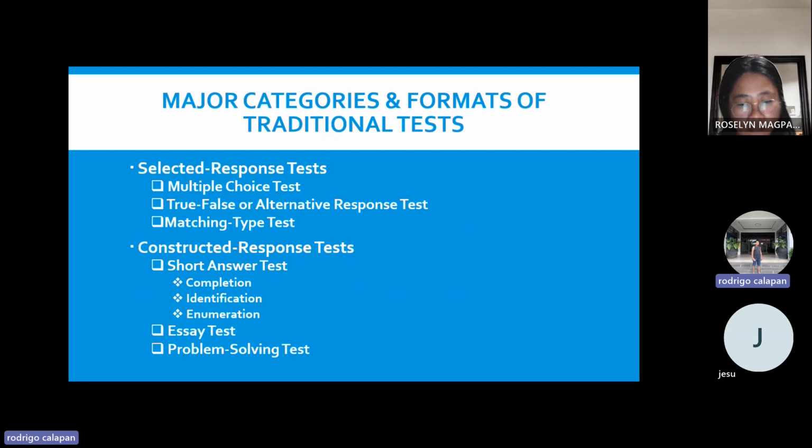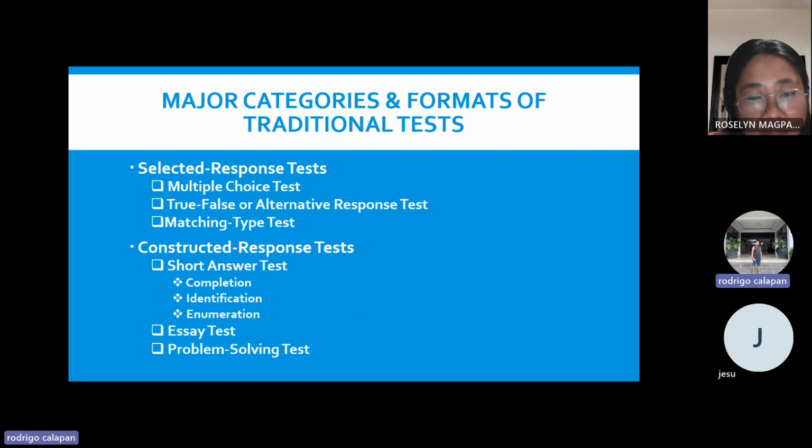Selected response tests include multiple choice tests. This is a very commonly used format in formal testing, and typically consists of a stem problem, one correct or best alternative answer, and three or more incorrect or inferior alternatives, which we call distractors.